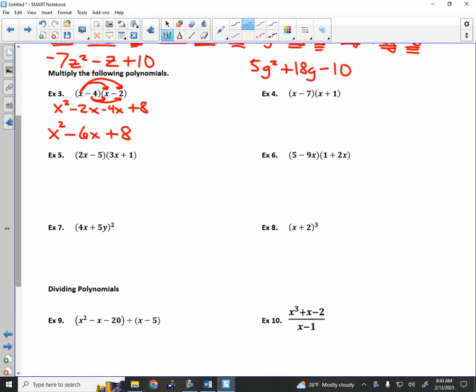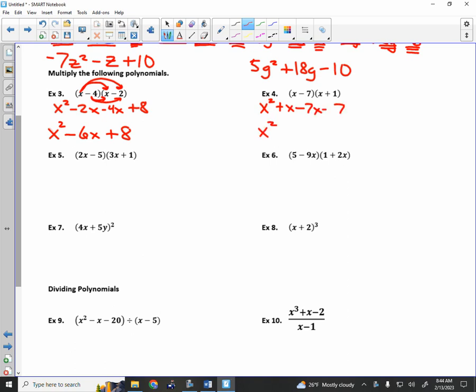Try number 4 on your own. Go. You should have x squared plus x minus 7x minus 7.